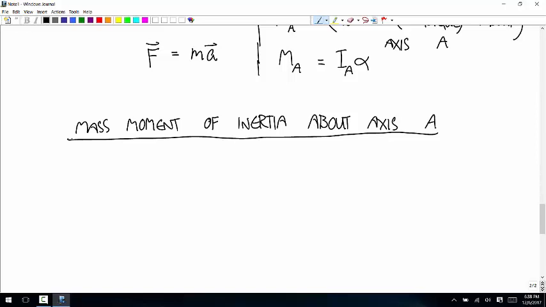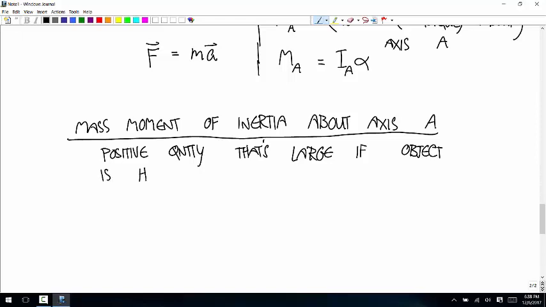So the mass moment of inertia about this axis A is always a positive quantity, just like mass is. It's large if an object is hard to rotate, and small if an object's easy to rotate.